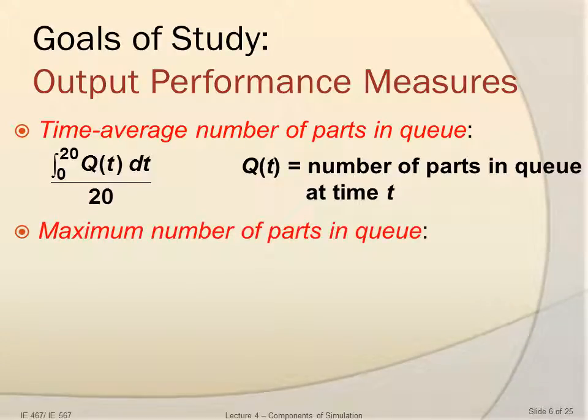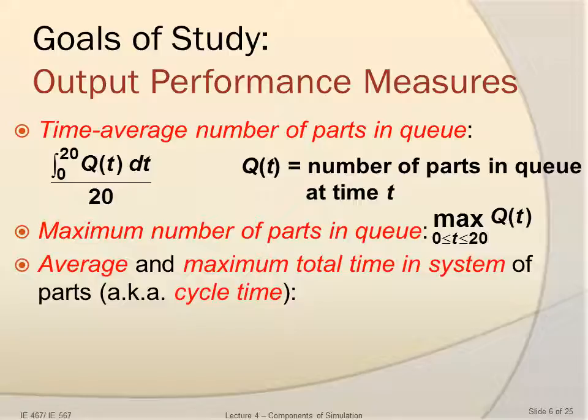And the maximum number of parts in queue is another output performance measure, and this is how it is computed. Here it's just the maximum from time 0 to time 20 minutes of Q(t).